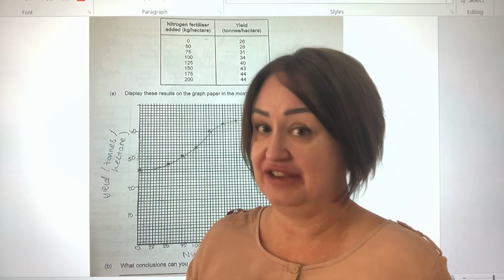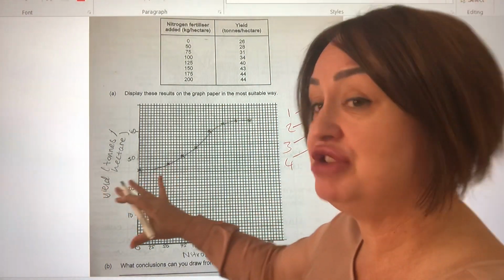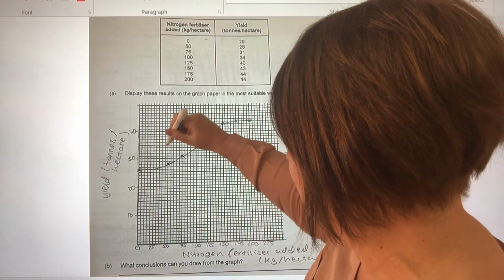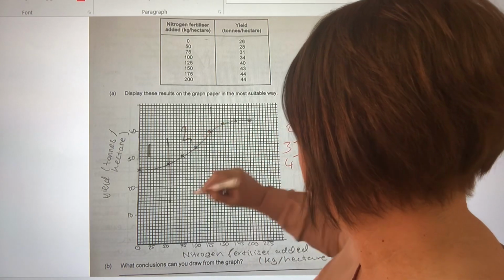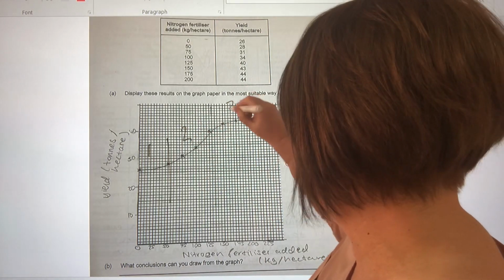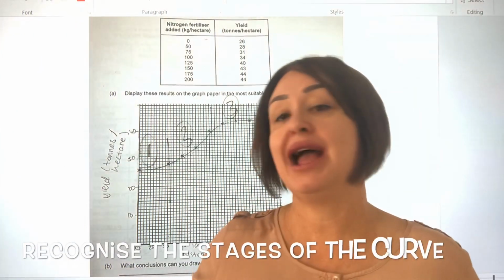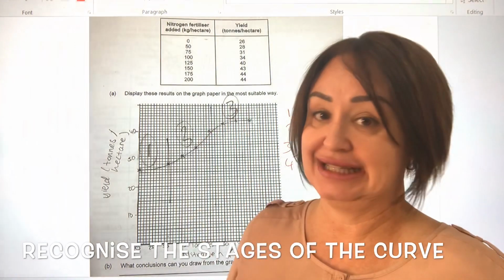Graphs are gifts. We can see in this instance that there are 3 distinct phases to this graph. So we can see that here is 1, here is 2, and this one is phase 3. Okay, if we're asked to draw conclusions from this graph, then what we would look at is these 3 distinct areas.